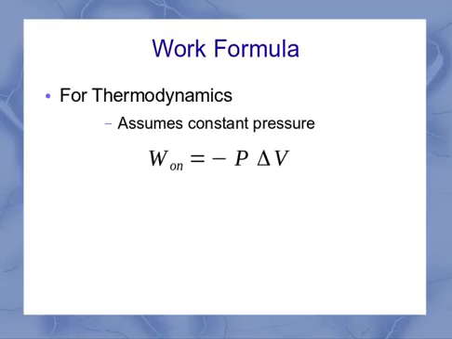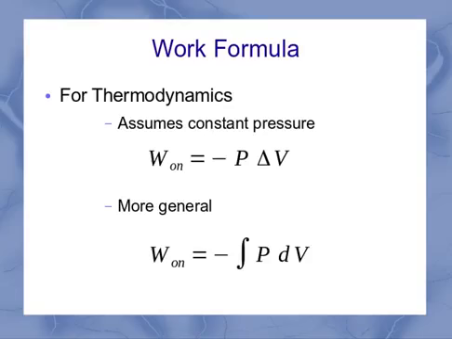Well, back in mechanics, we didn't have to have a constant force, but in order to deal with it, we had to use calculus. So the same thing is going to happen here. The more general equation is going to tell us that the work done on a gas is minus the integral of the pressure with respect to the volume. So you're taking the integral with respect to the volume of the pressure, which may or may not be constant.